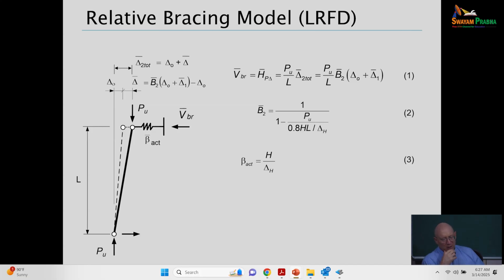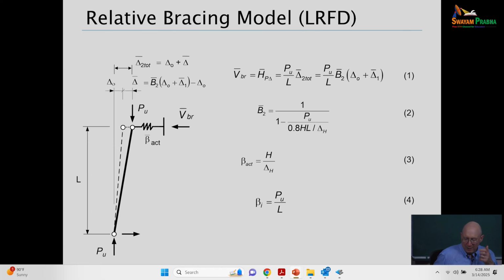And you can see I'd already labeled there on the graphic a beta bar actual for the actual bracing stiffness, but reduced. The bracing stiffness unreduced, we're going to say here, is H over delta H. Okay? So that's a little bit different than the P sub L. P sub L was H divided by delta H over L, right? Here beta actual is the H over delta H.